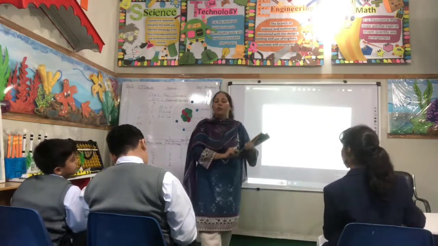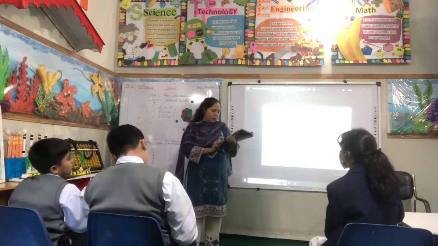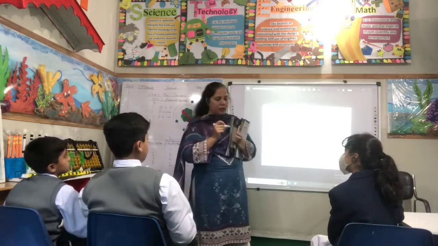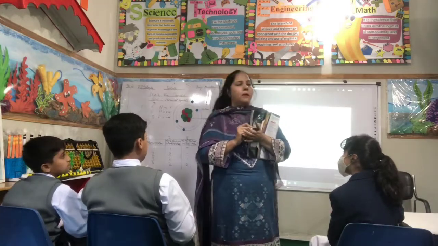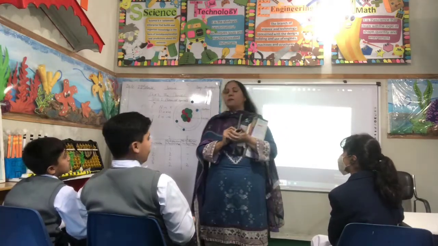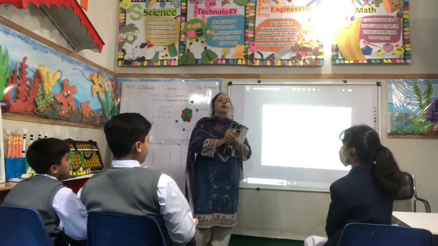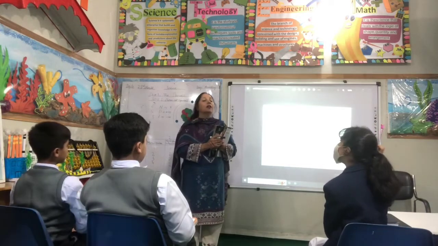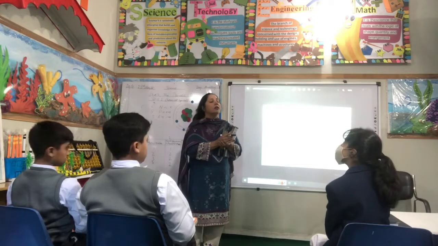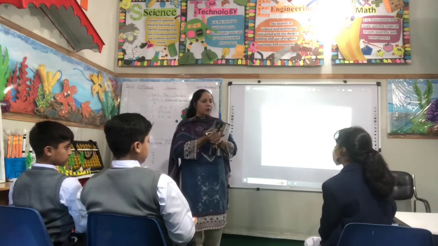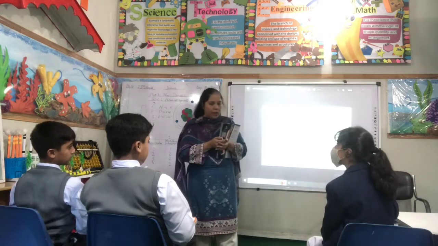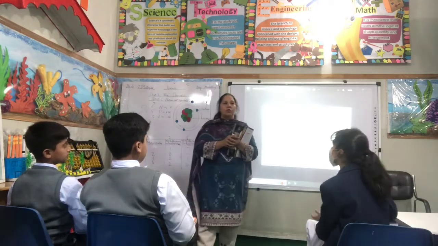Okay, now question number 4. Very interesting question. Suggest why scientists use chemical symbol. In the beginning, we will discuss this thing. Why scientists use the chemical symbol? To be identified easily. Which thing can be identified easily? Chemicals. Because it is very difficult to write long answers. What is your opinion?